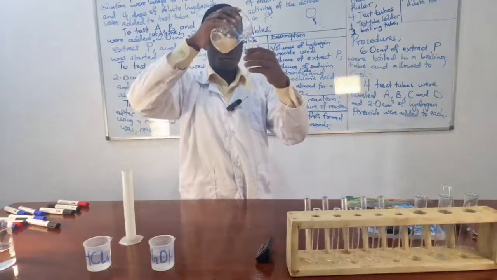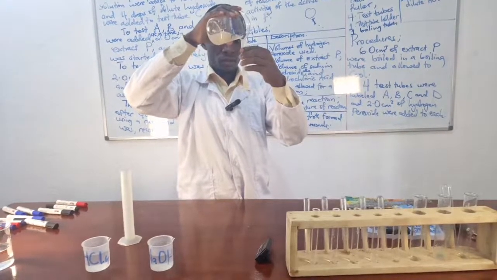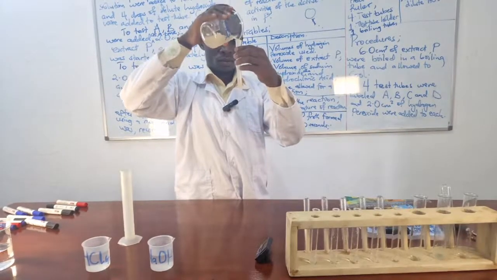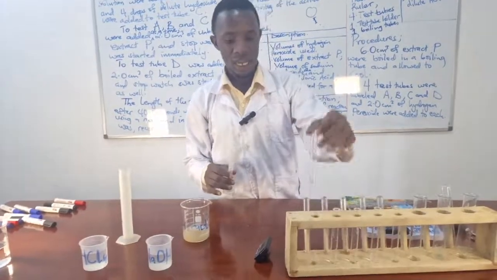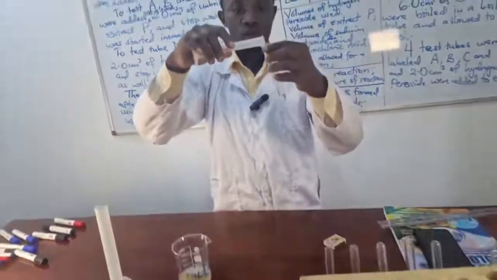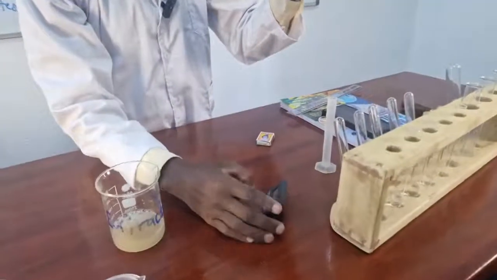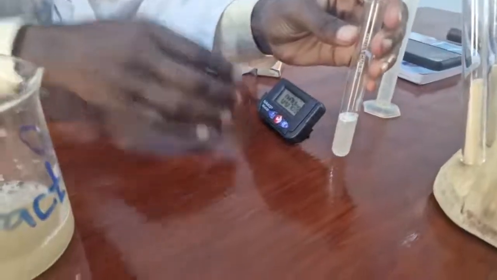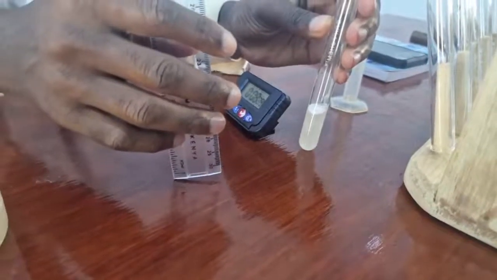I'm adding 2 cubic centimeters, and I will start the stopwatch immediately. So on adding the 2 cubic centimeters, I've started. I'm going to record the length of the froth formed using my ruler after 40 seconds.